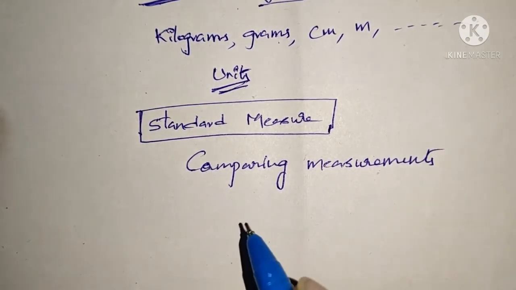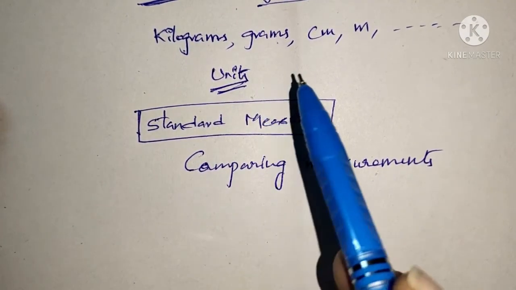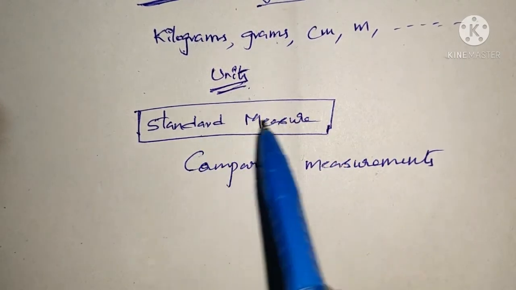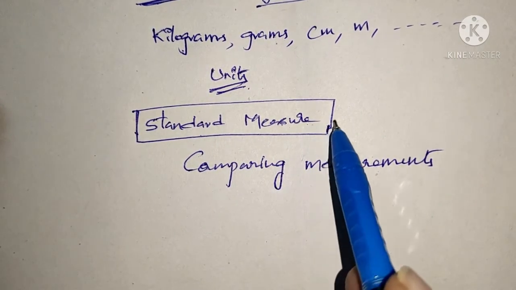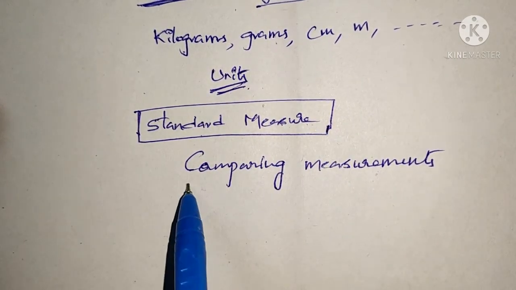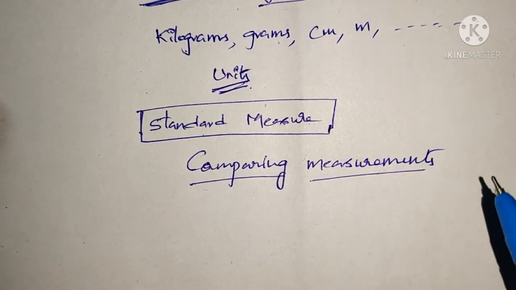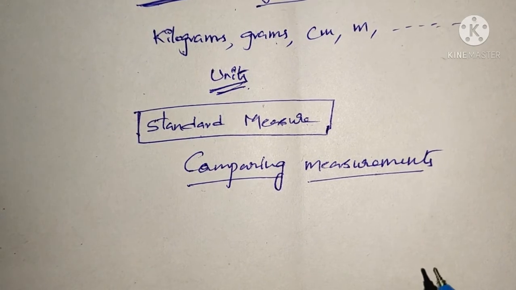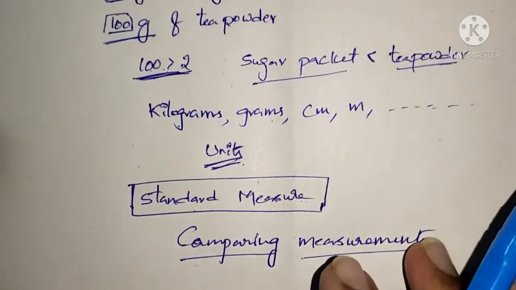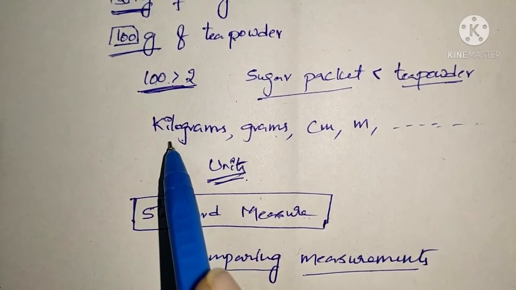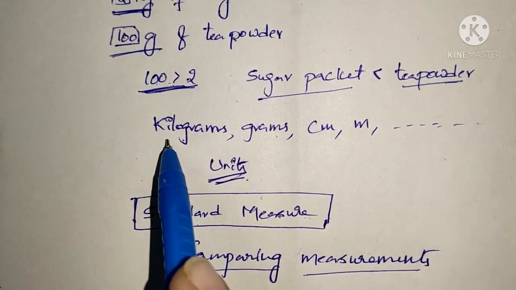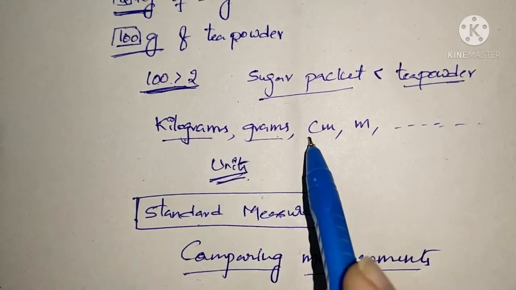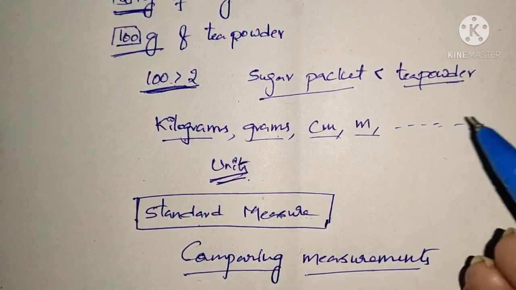Once again, sir, what is a unit? A unit means you have to say that it is a standard measure, and it is used to compare the measurements, right? I think you have understood this. But once again, we'll take the examples: kilograms, grams, centimeter, meter, millimeter, and so on.